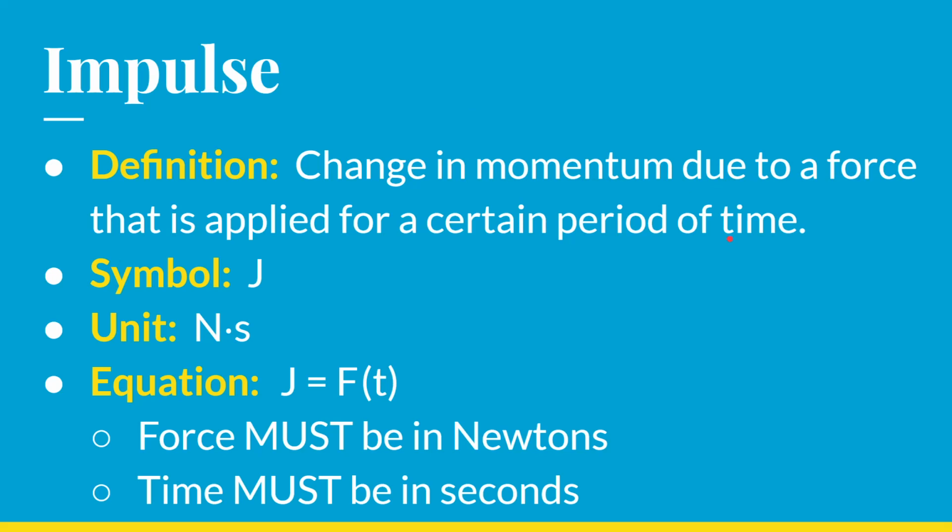Okay, so you're going to have an impulse, you're going to have a change in momentum if you apply a force for a certain amount of time, and the units for force are newtons and the units for time are seconds. So when you multiply newtons times seconds, of course you're going to get this unit, Newton seconds. Your forces therefore must be in newtons, your time therefore must be in seconds. Okay, so impulse, change in momentum due to a force that is applied for a certain period of time.